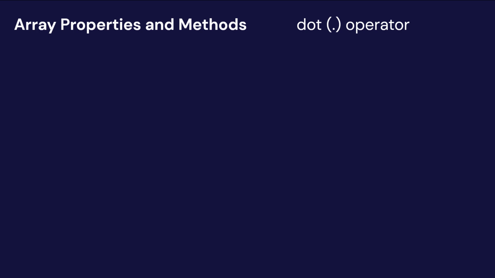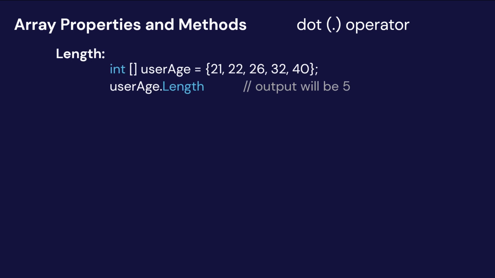To use a method, we type the method name after the dot operator, followed by a pair of parentheses. Length. The Length property of an array tells us the number of items the array has. For instance, if we have int[] userAge = {21, 22, 26, 32, 40}, userAge.Length is equal to 5 as there are 5 numbers in the array.